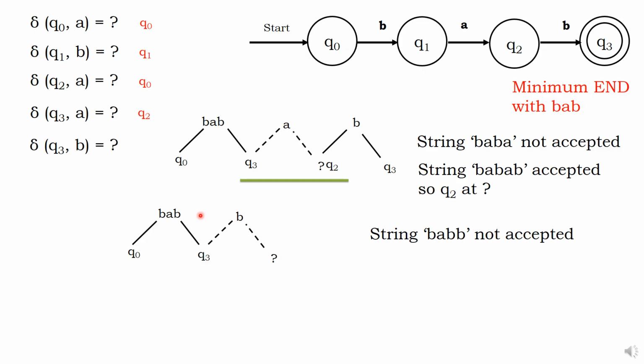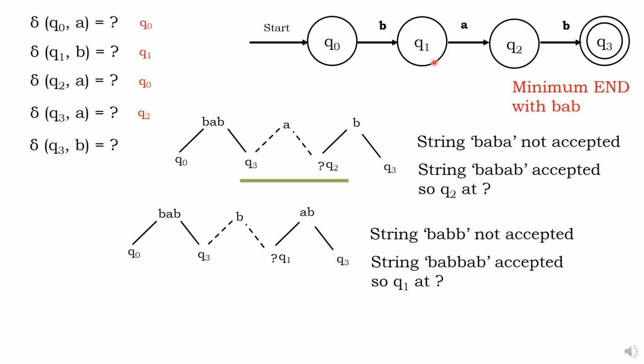Sir, if I put A here, BAB, not allowed. Why? Can I put A here? No. Why? Yesterday. Good. If I put something here, what is that? The last letter is B, but I need BAB, so I need AB here. If that is AB, it should be Q3. And who is before AB? That should be Q1. So this string is accepted. Obviously, in this particular place will be Q1. So with this our analysis is okay.